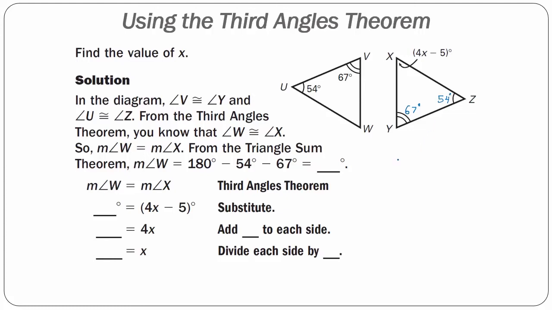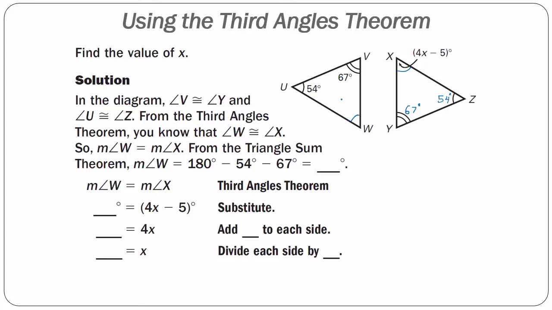From the third angles theorem, we know that angle W is congruent to angle X. So the measure of angle W is equal to the measure of angle X. To solve for x, what we first need to do is find the measure of angle W. We know in a triangle, all of the angles add up to 180 degrees.